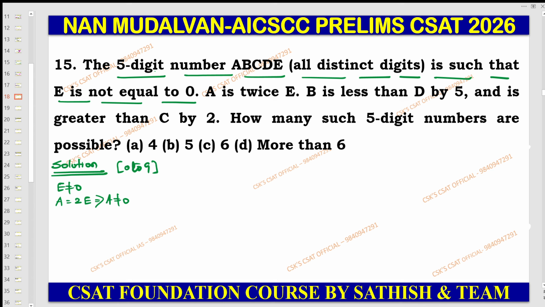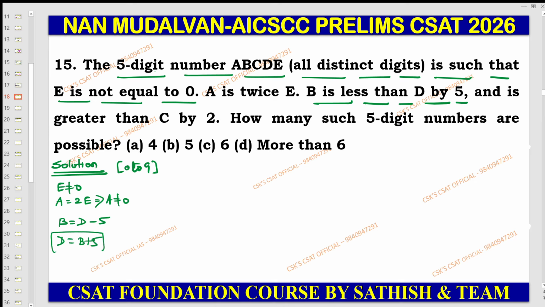Next step, B is lesser than D by 5. Let's change it here. D is equal to B plus 5.